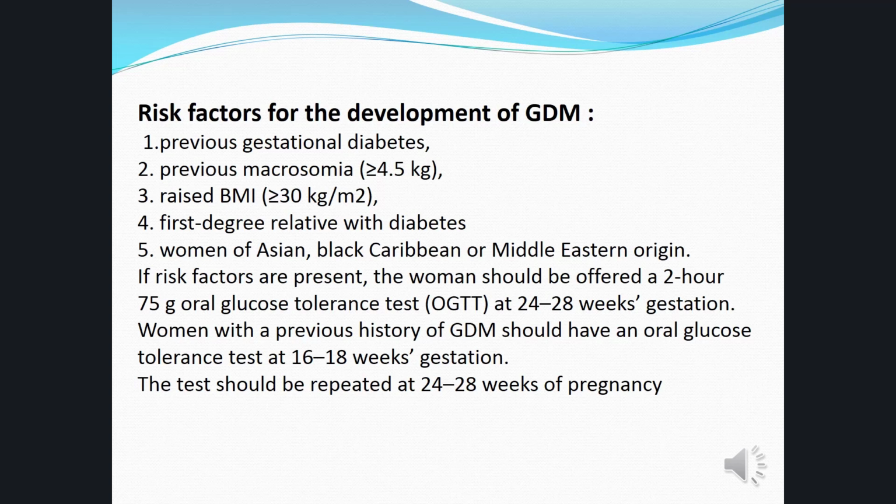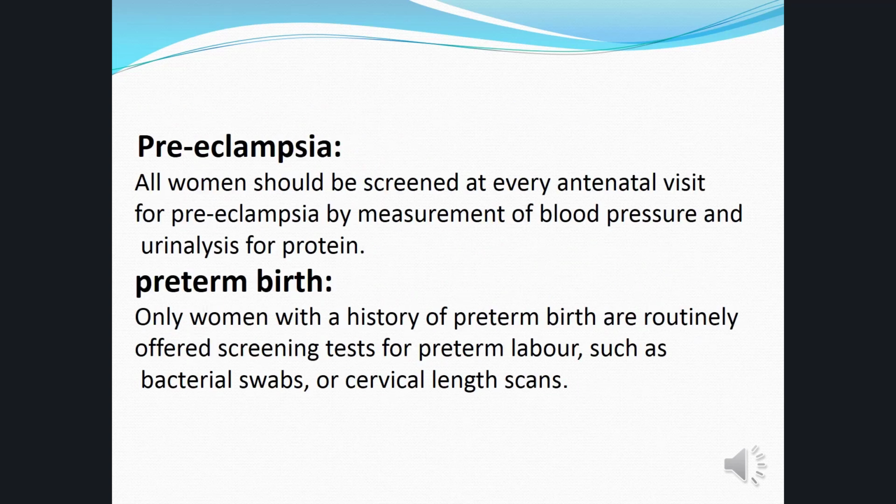Preeclampsia: all women should be screened at every antenatal visit by measurement of blood pressure and urine analysis for protein. Preterm birth: only women with a history of preterm birth are routinely offered screening tests for preterm labor, such as bacterial swab or cervical length scan.